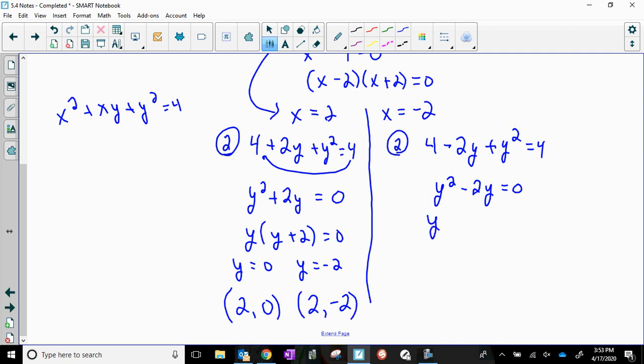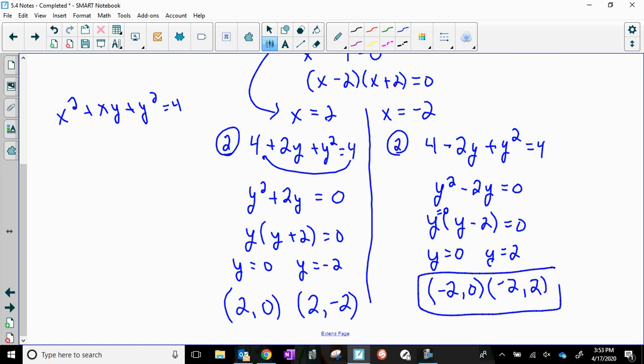So factor. Solve by setting each factor equal to 0. And then I get y equals 0 and y equals 2. Write your ordered pairs. So negative 2, 0, and then negative 2, 2.